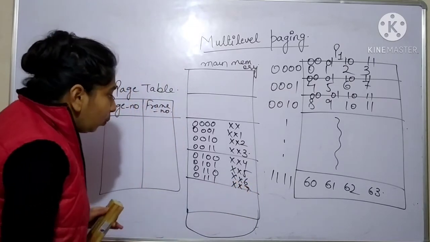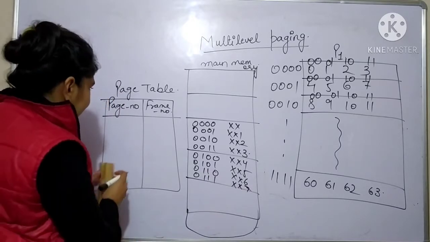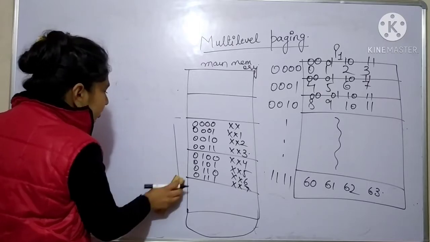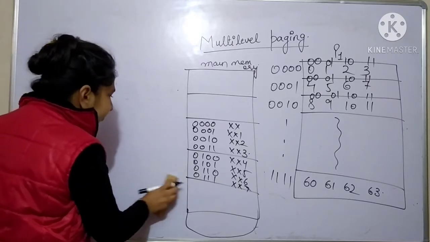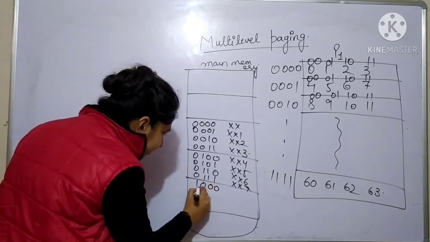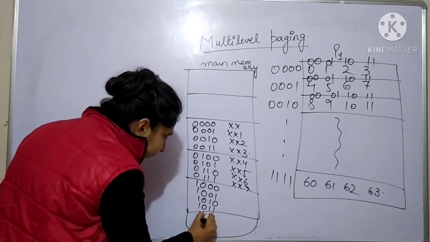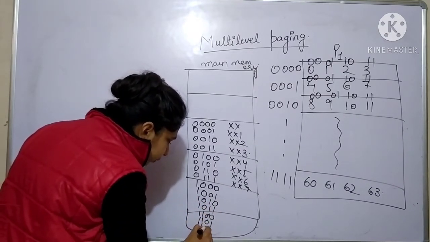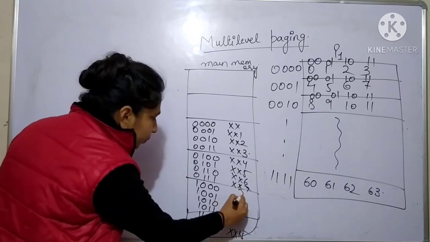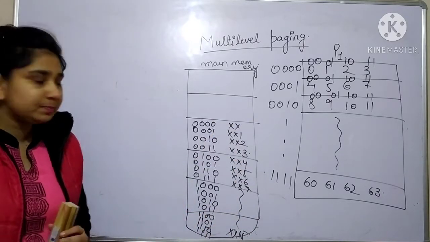This way we need 4 frames to actually store the page table. I am storing the page number and the corresponding frame number in the main memory. This way we are going to store our page table in the main memory.